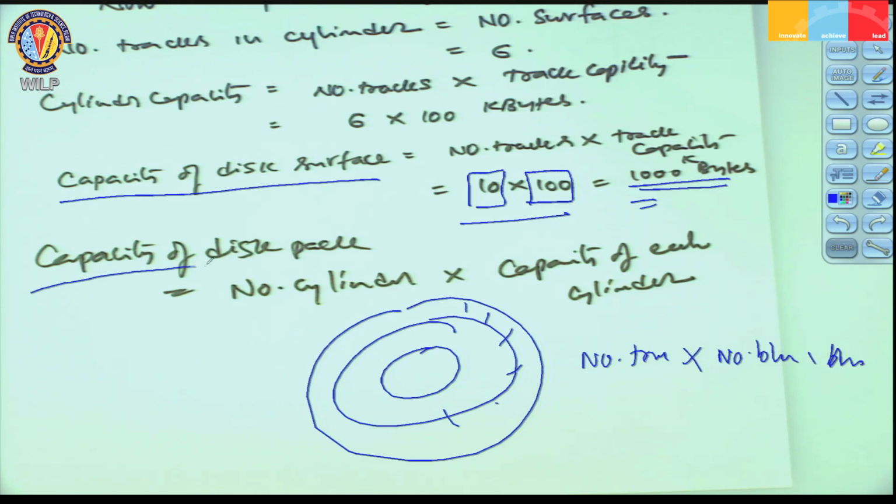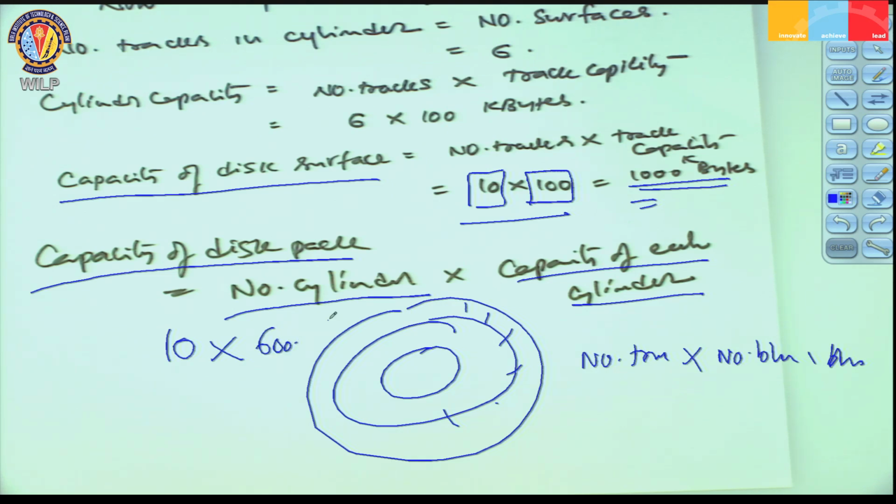What is the capacity of the disk? I can compute that in terms of disk surfaces, or I can compute that in terms of the cylinders. How many cylinders does the disk pack contain, and what is the capacity of each cylinder? It contains 10 cylinders, and the capacity of each cylinder is 600 KB.